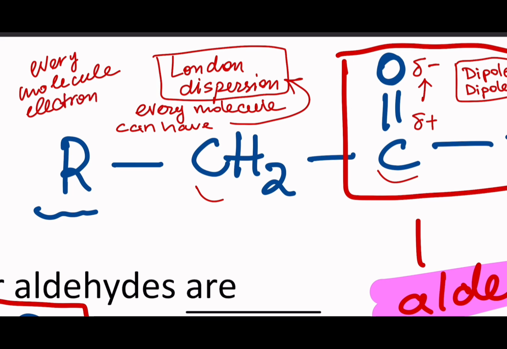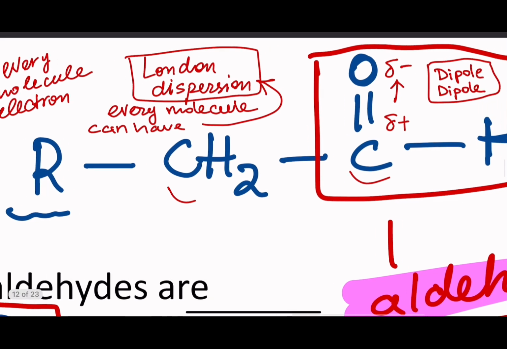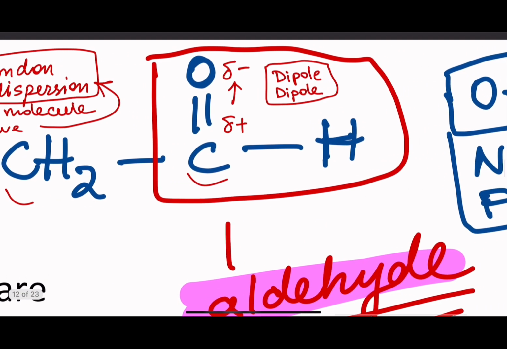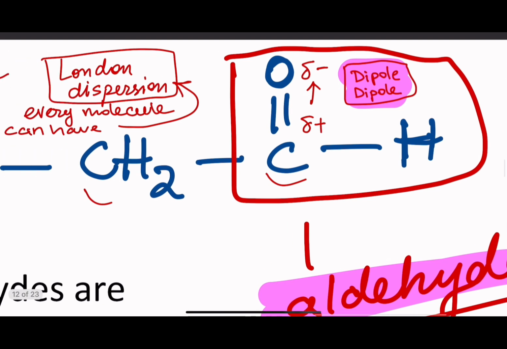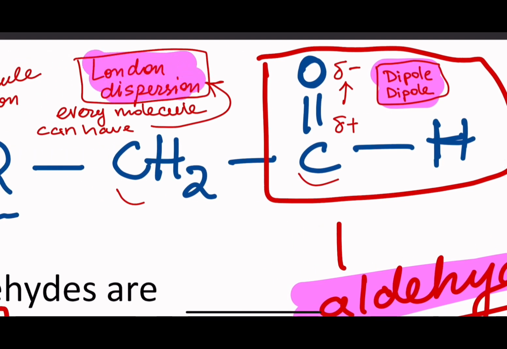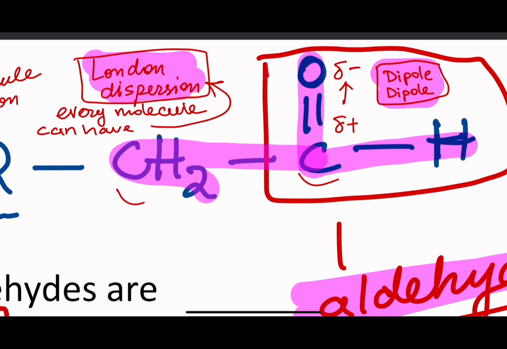The more electrons you have, the stronger your London dispersion. We have London dispersion on this aldehyde too, because we have all the elements and they come with electrons. But because I have this CO double bond in here, I also have dipole.